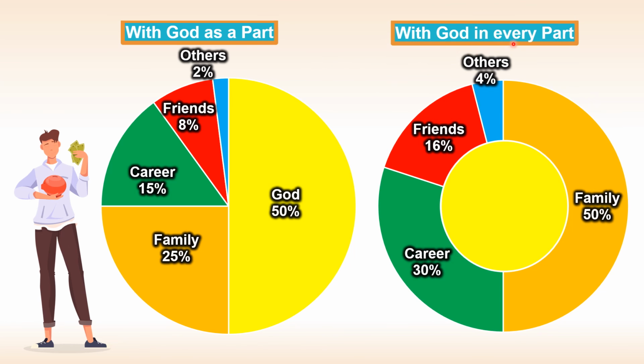But with God in every part, where God is not 50% but 100% in every part, we see the miracle grow, that our time with family is doubled, as well as our career, friends, and other things in our life. So make each day and every time with God, and He will give you abundant blessings.